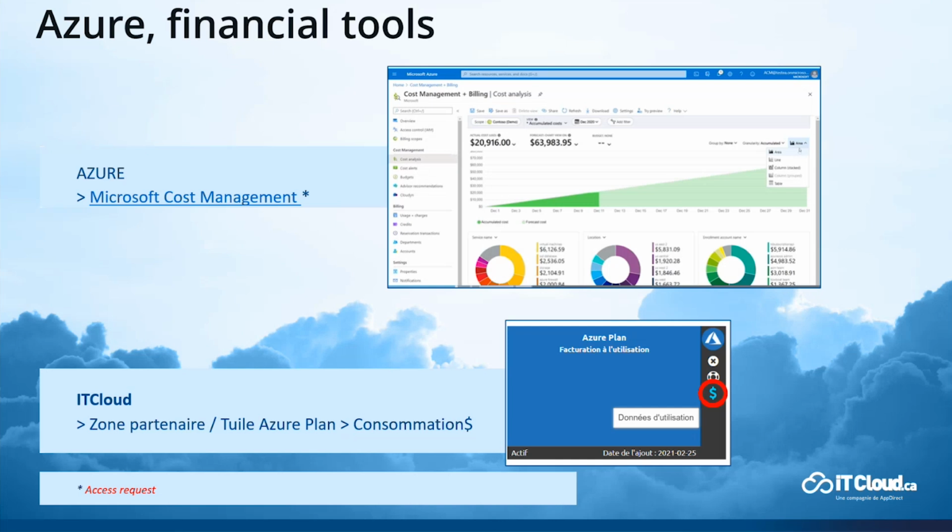The best part about it: add this to your internal Azure deployment procedure, as I said, for each customer. In other words, tenant by tenant. So place a service call with the IT Cloud Support Department and ask us for reserved instances, savings plans, and the cost management tool. This little one here is not in real time, but close to.